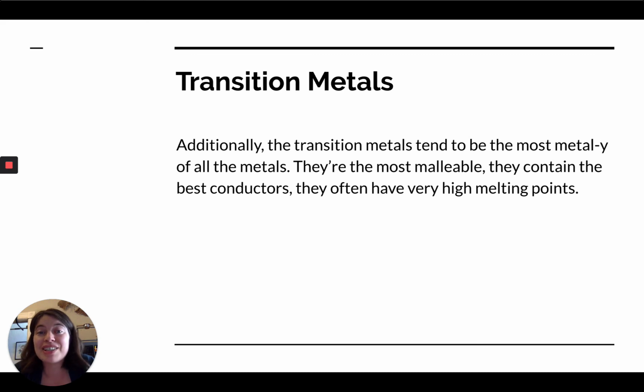In fact, transition metals are kind of the most metal-y of metals. They're the ones that are the most malleable. They have the best conductors. They oftentimes have really high melting points, so you have to get them very hot in order to turn them into a liquid, and ridiculously hot, like hearts of stars hot, to get it to turn into a gas. So the transition metals are sort of the most stereotypical metals you could have.